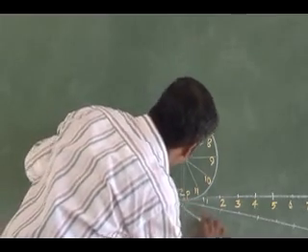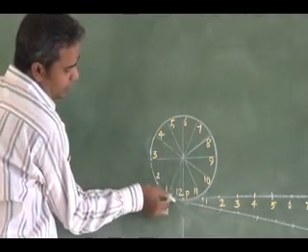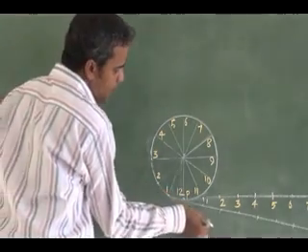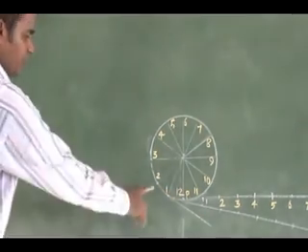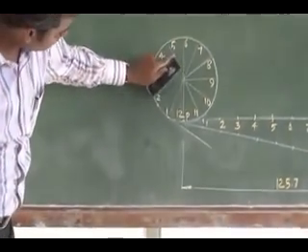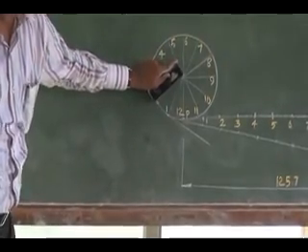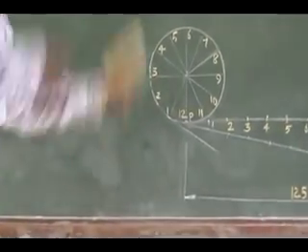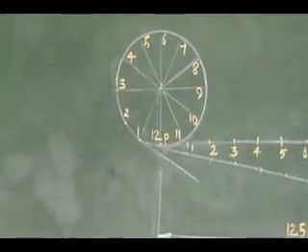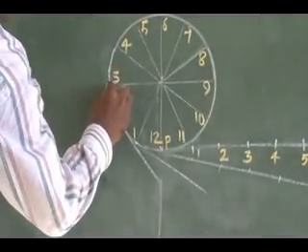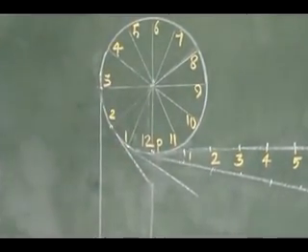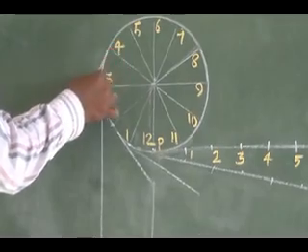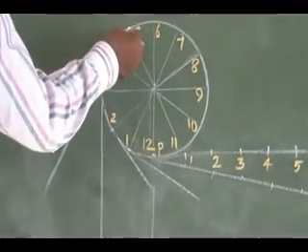Similarly from point 2, I fix my drafter along the line to the center, and the other scale will be perpendicular. You have to draw the tangent line in the negative direction. For 3, this will be my tangent line. For 4, in the negative direction, this will be my tangent line.